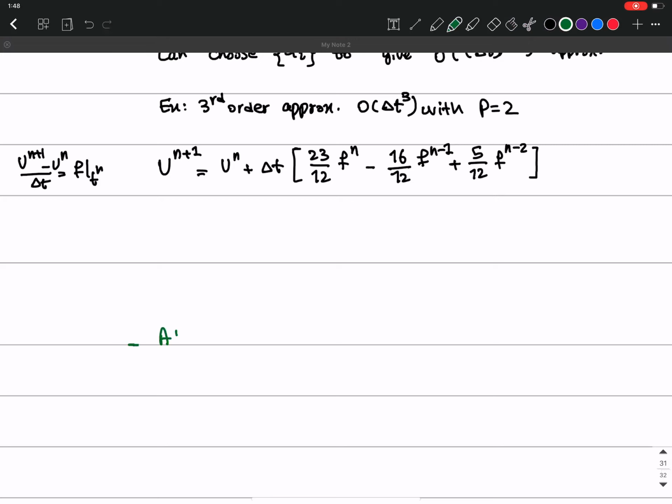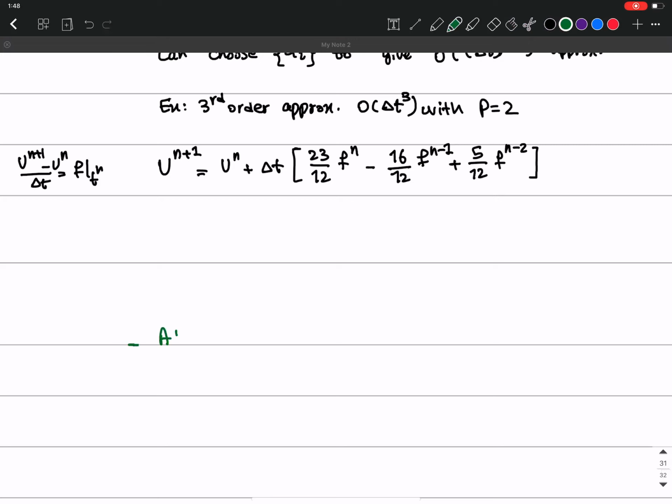Adams' closed formula, which is implicit. Okay. So again, I'm going to represent du over dt at tn as un plus 1 minus un over delta t.